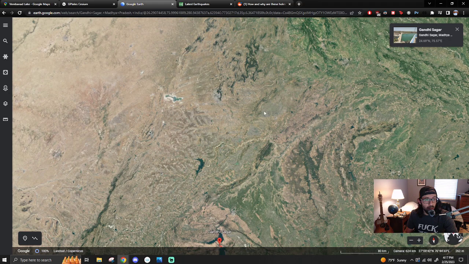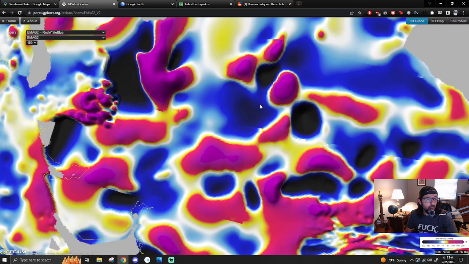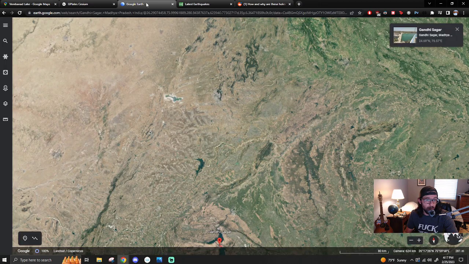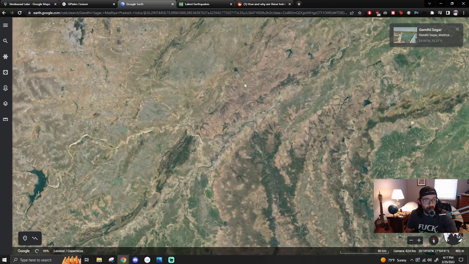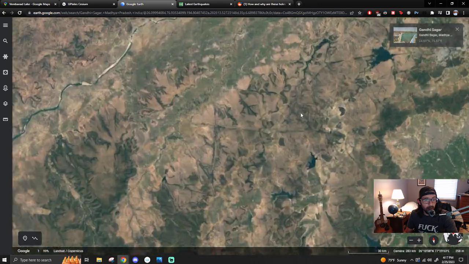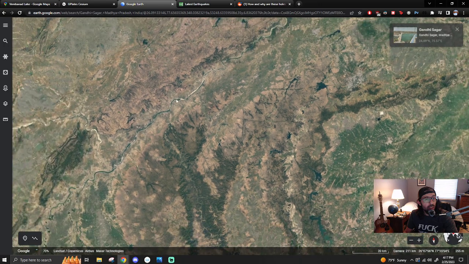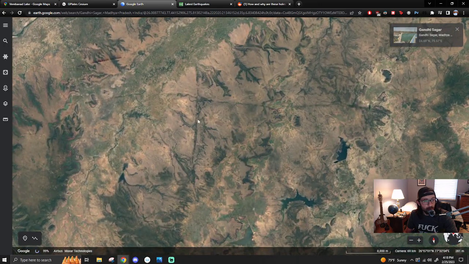So around here is that system here, and then over here this void region, relatively speaking, goes basically over this length. That's interesting.